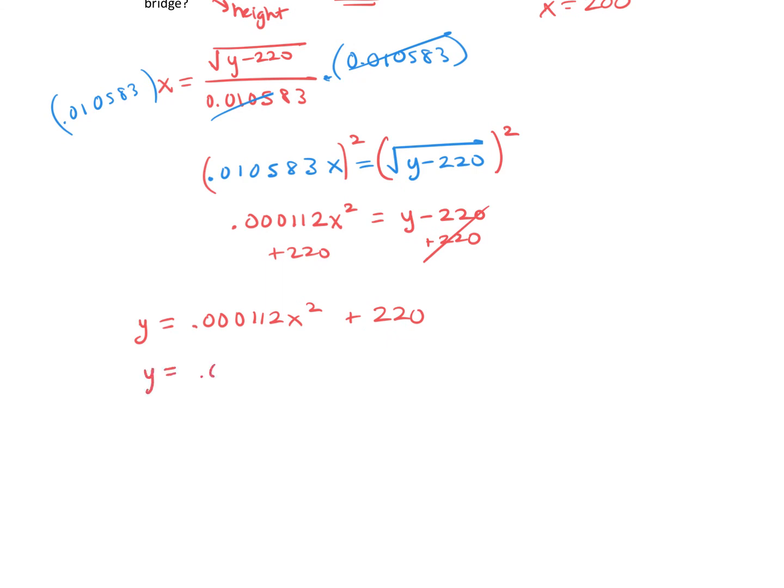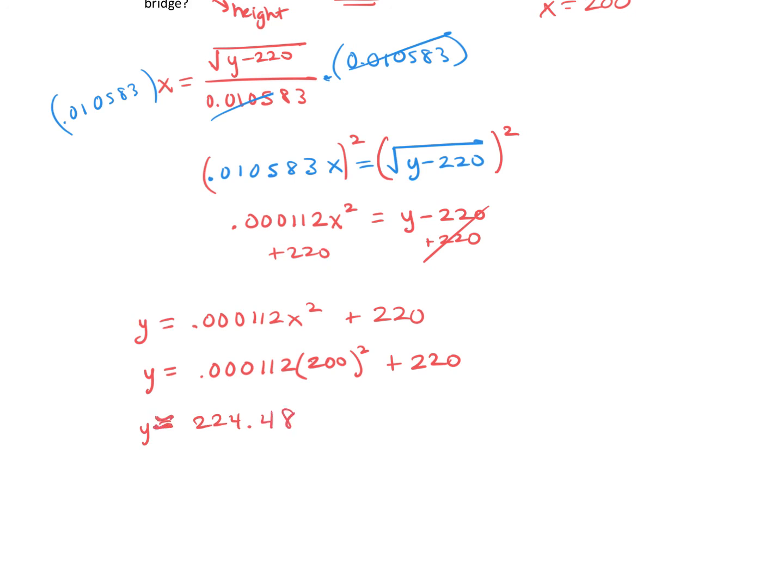So we have y equals 0.000112 in parentheses 200 squared plus 220. All right, so you can grab your calculator and type this in all at once, as long as you promise me you're going to use parentheses around this 200. When you do that, what we get back for y is 224.48. It's a little bit rounded right there.